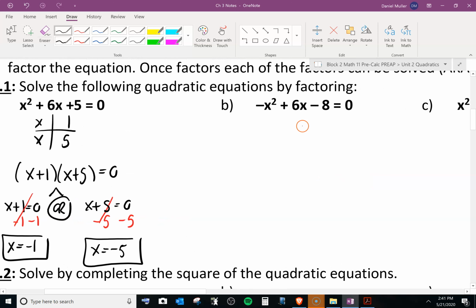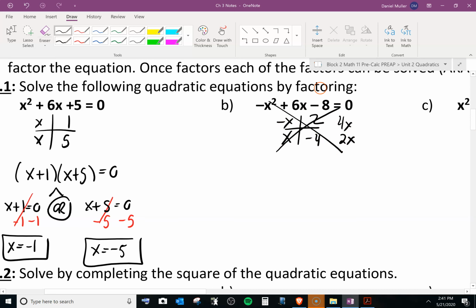With this question here, I'm going to factor negative x and positive x. That gets me the left-hand side, and I need to get to 8. So 4 and 2, and one of them needs to be negative, so I made this negative. This diagonal is going to be negative x times negative 4, which is a positive 4x. This diagonal is a positive 2x.